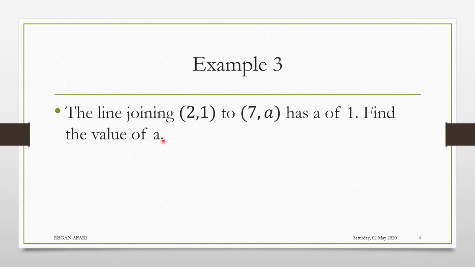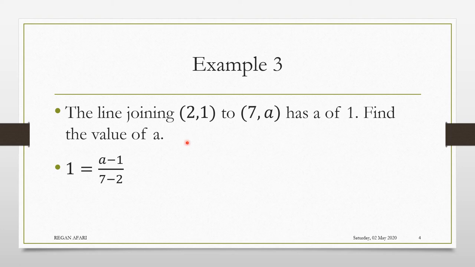We know that gradient is given as y2 minus y1, so we have a minus 1 over x2, which is 7, minus 2. But the gradient is 1, so we equate this whole thing to 1.